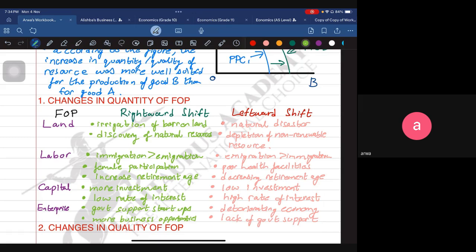I have to draw a line here, so for that I need more space. Okay. So I'm going to just put it into a table form.